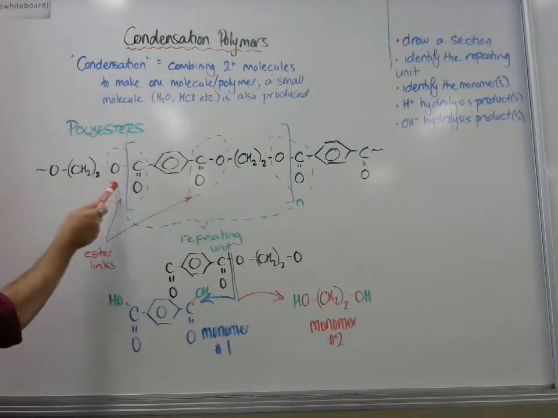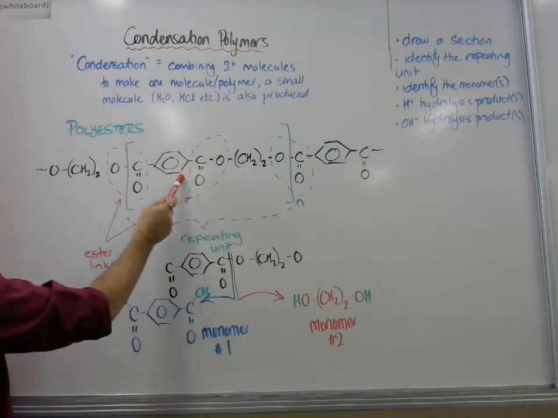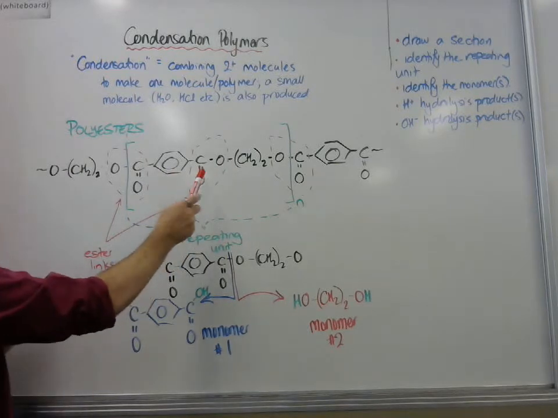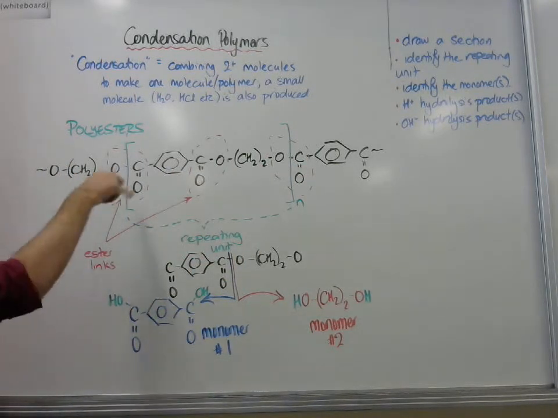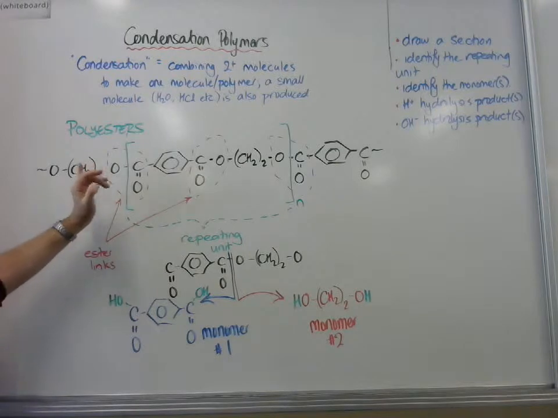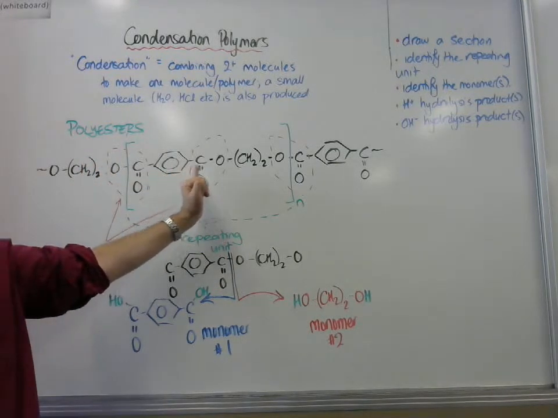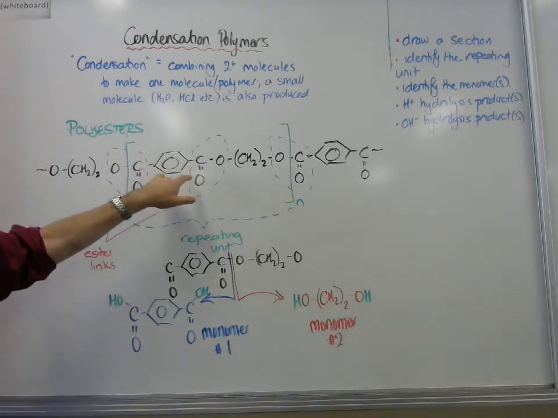I can see a COO with a carbon chain each side here, COO with a carbon chain each side here, and so on. What I normally do is get a pen or a pencil and circle those ester links. Then I go along until I start seeing the same thing happen again. At the moment everything is different until I get to here, when I notice that it starts looking like this again.